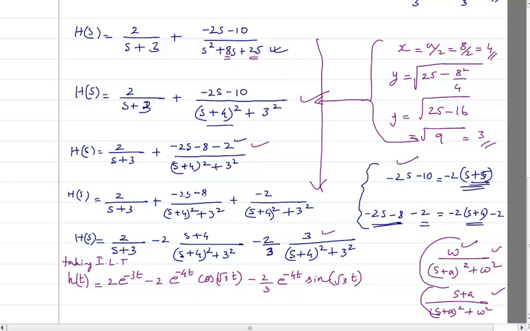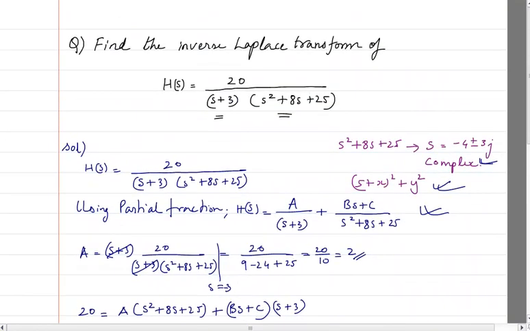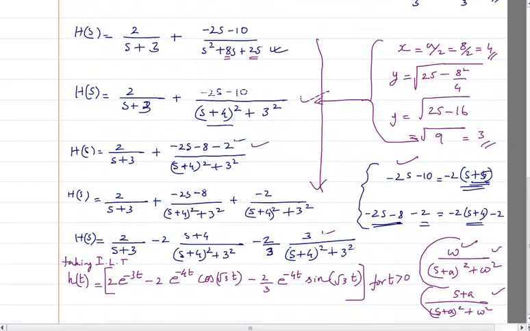And don't forget, you have to write u of t, or you have to write for t greater than 0. So this is how we do the problem when the quadratic form is going to have complex roots. If it is not complex, then it's a simple problem. Thank you.